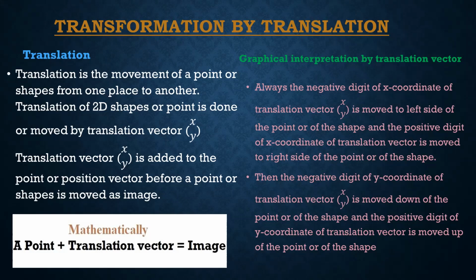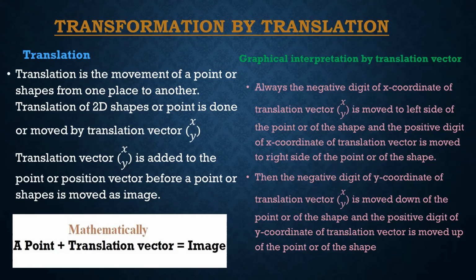Points or shapes are moved by a translation vector. Before an object can move from one place to another under translation, a translation vector is added to the point before it moves.